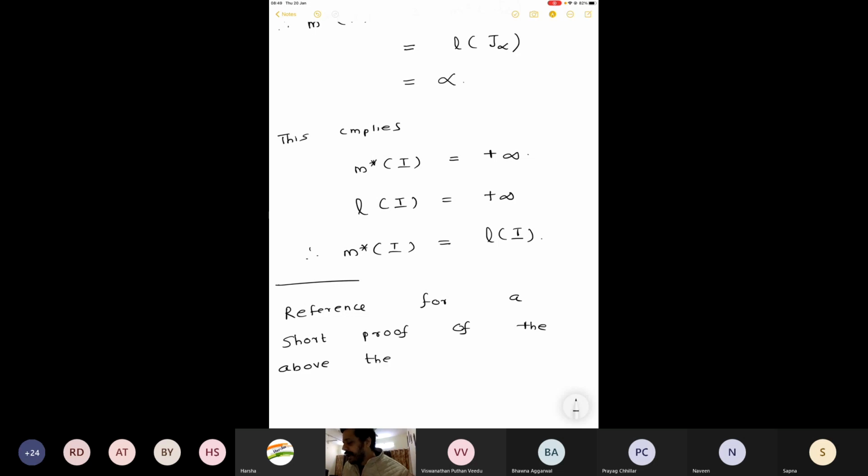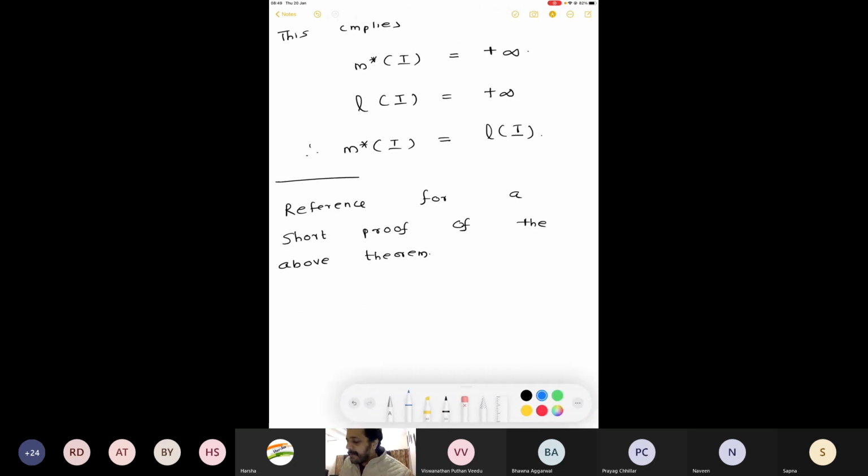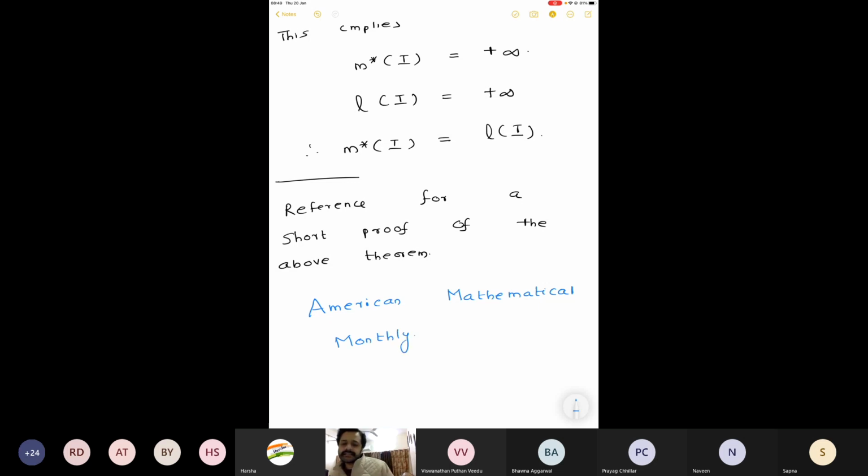I don't know whether you have a habit of reading articles appearing in the American Mathematical Monthly. This is a publication where articles like a simple proof or a new proof of some classical theorems generally get published.